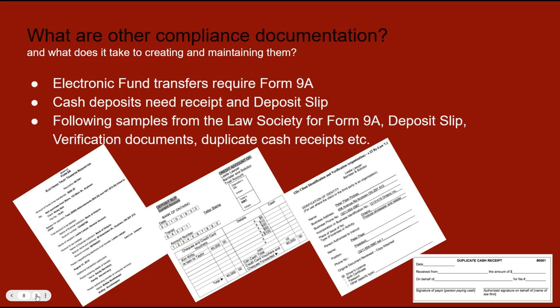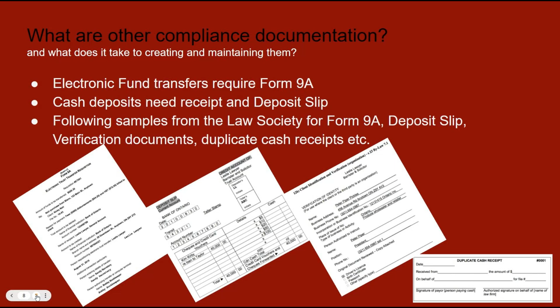The fact that you're not going to a financial institution and actually getting a deposit slip from a person. This is an electronic transfer, so you need to show proof of that transfer, and hence there's a form called the Form 9A, which pretty much asks you for all pertinent information about that transfer.